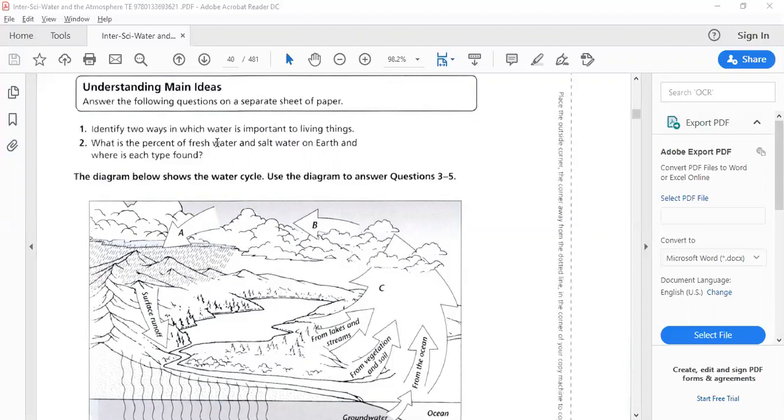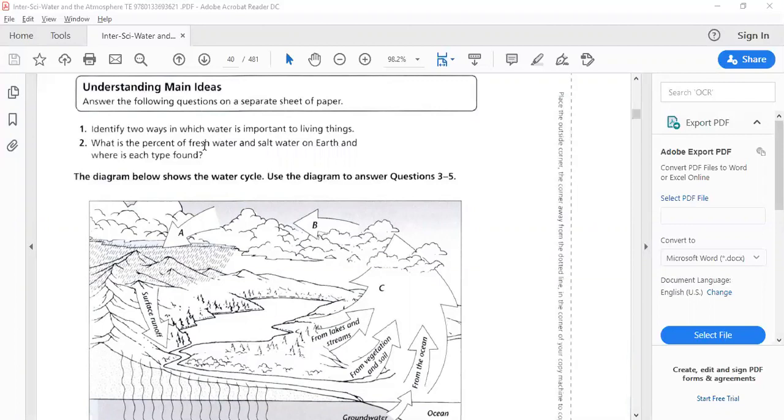Number two, saying what is the percent of fresh water and salt water on the earth and where is each type found. If we talk about the fresh water, it will be only 3% of the water and it's found in ice and in lakes and streams and rivers, and also in groundwater.